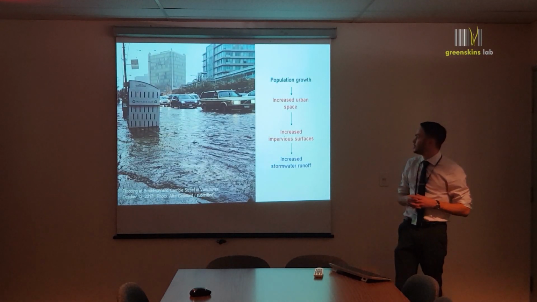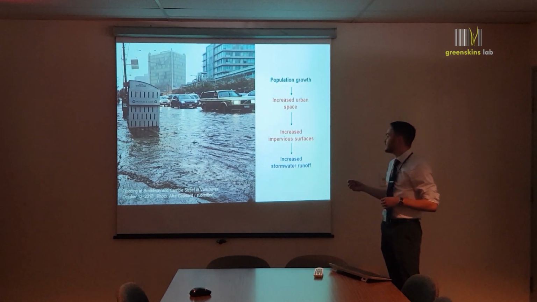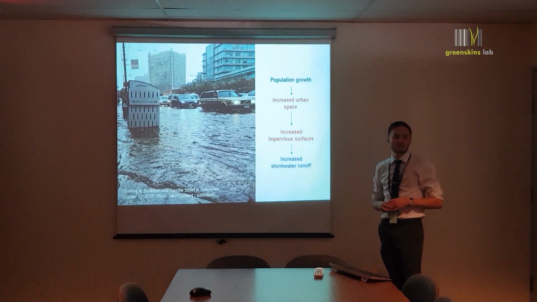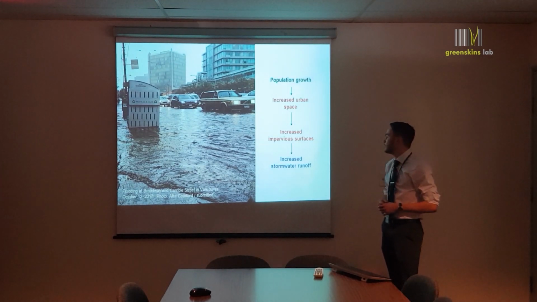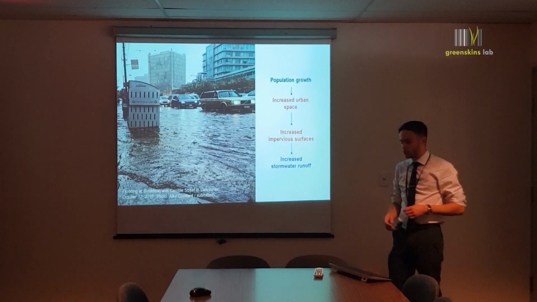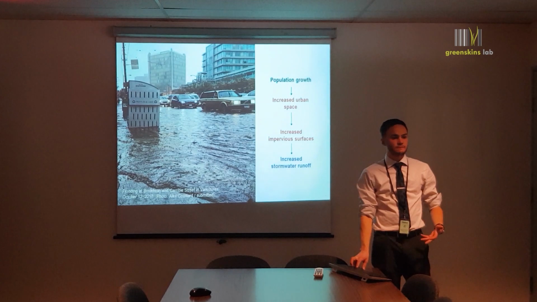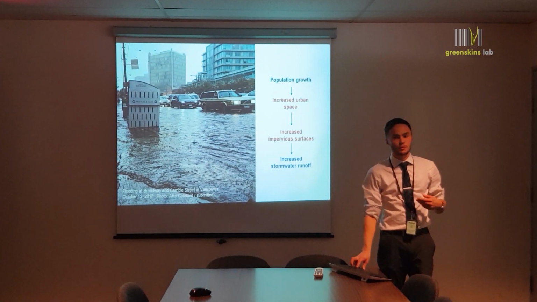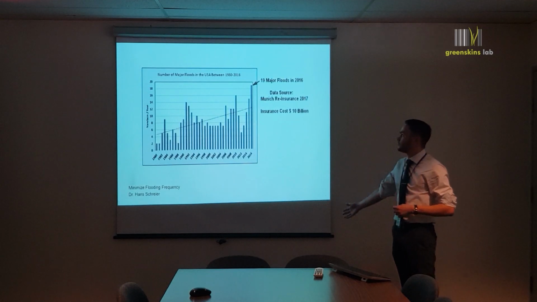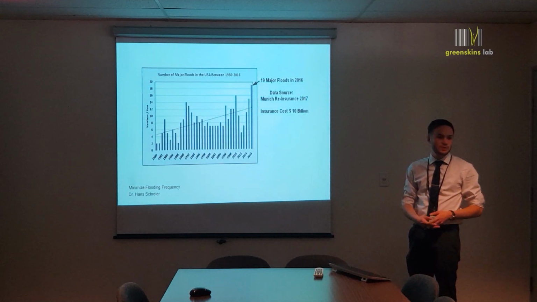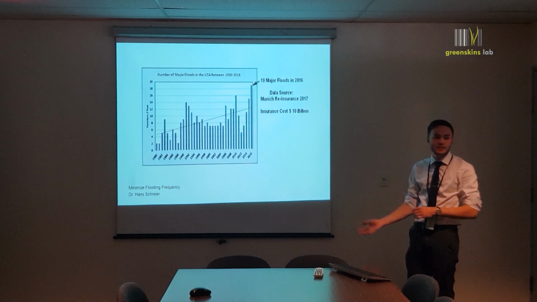And so population growth is leading to increased urban space, right? And then that's increasing impervious surfaces in these, used to be rural, areas that are now quite urban. And then we're seeing this increased stormwater runoff because we don't have the infrastructure to manage it or slow it down or reduce it. And so major floods, just as you'd expect with the precipitation, is going up quite drastically.